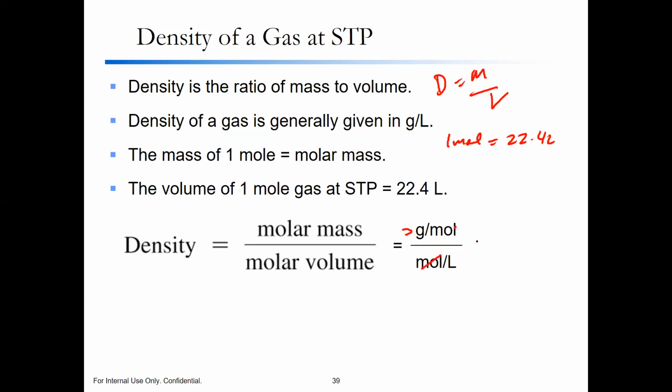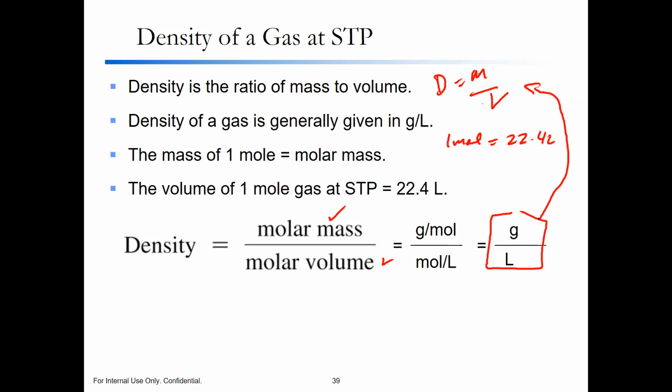This mole cancels that mole. So what's the unit? Grams per liter, which is mass divided by volume, which is density. So we could determine the density of a gas by getting the molar mass of the gas divided by the molar volume. And that gives us a unit of density, grams per liter.